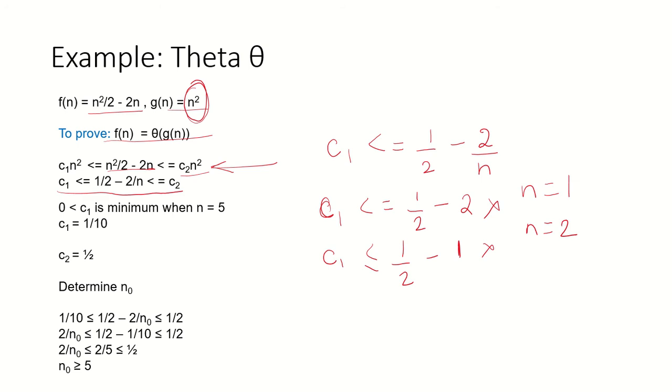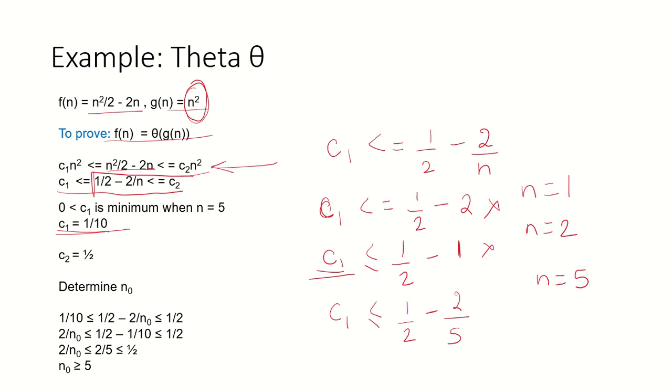If we keep on working on this, we will get n equal to 5, which will be able to give us a positive value of c1. And you will see that c1 is 1/2 minus 2/5, and this will give us a value of c1 as 1/10.